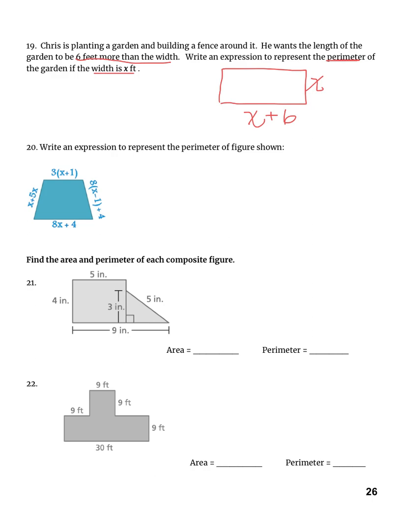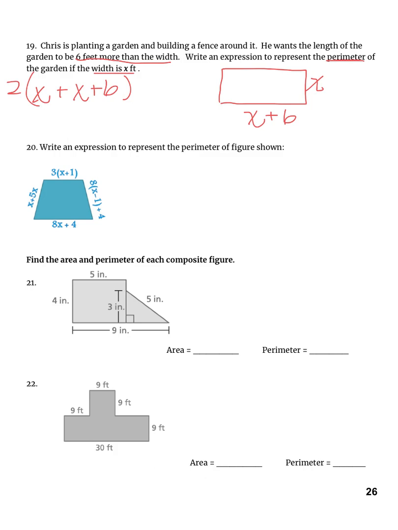Because to write an expression for perimeter, it means that we're doing x plus 6, and I can multiply that by 2, or I can list out all 4 sides, or there's different strategies, but here's an easy one.